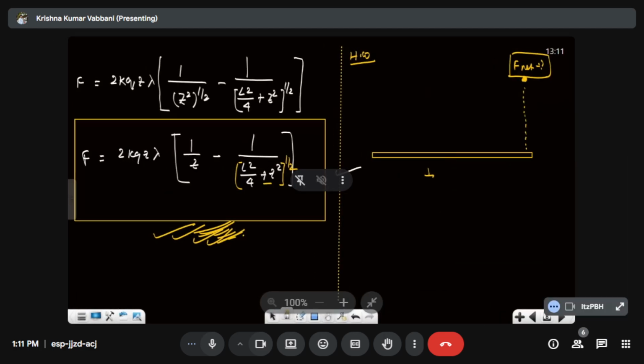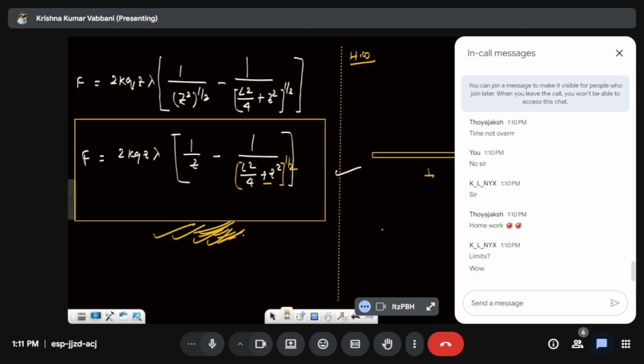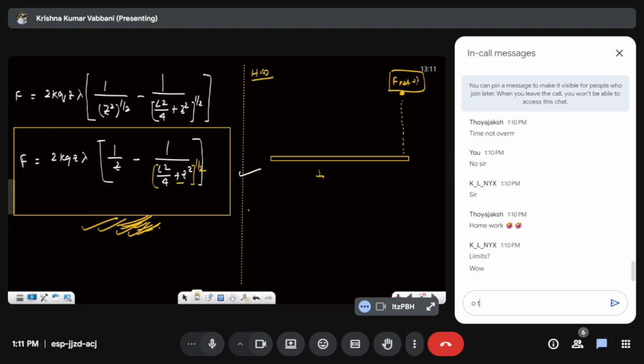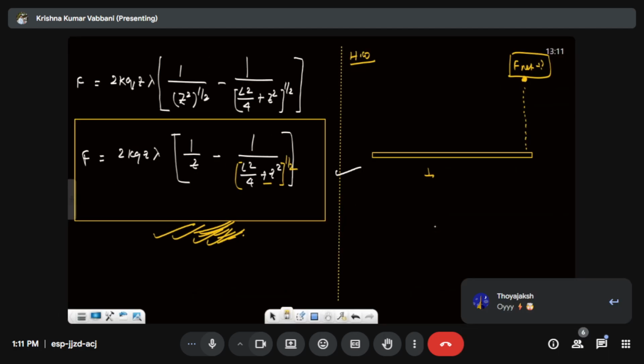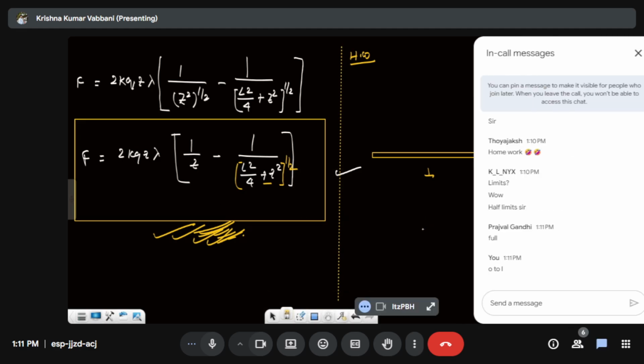If it is unsymmetric, what limits do I have to take? Full limits you have to take. Yes, 0 to L, excellent. And you have to use the formulas, I gave the formulas 1 and 2. You have to use those formulas, then you will get the answer directly.